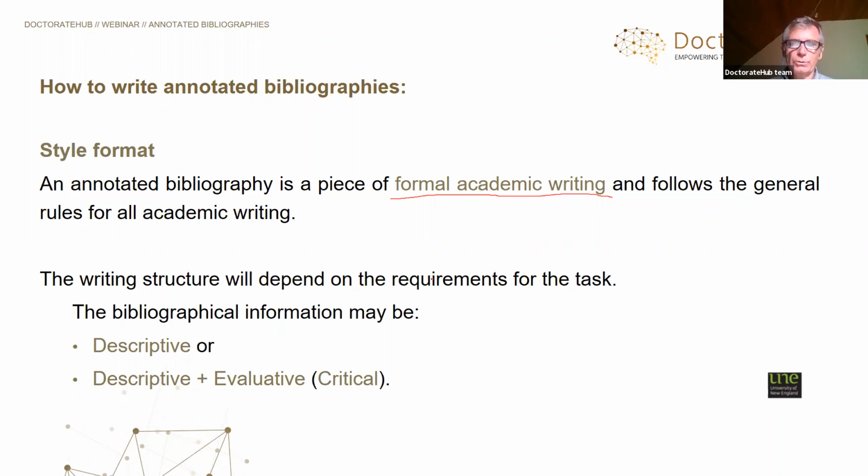But what I want to go a little bit farther on, when we are talking about the style format, is that we can use just a descriptive way, but for PhDs and DBAs, we always expect a combination of descriptive as well as evaluative parts in the annotation.